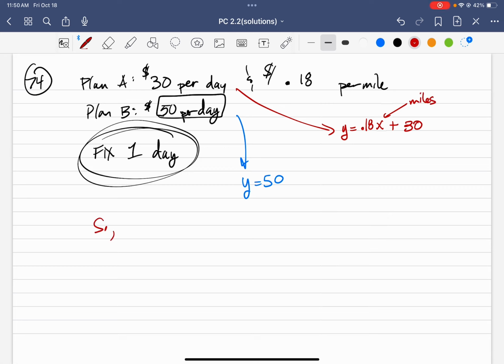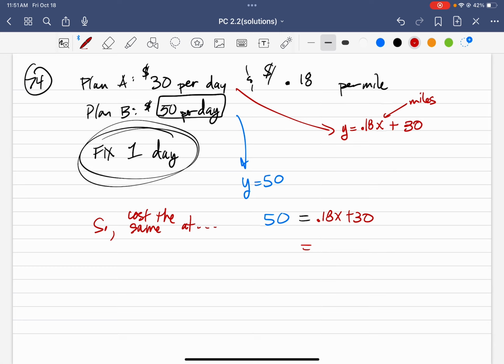So when are they break even? When would you save money? Well, let's think about breaking even. So same cost. So the cost is the same when 50 is set equal to 0.18x plus 30.